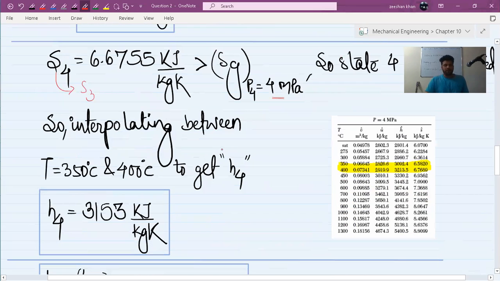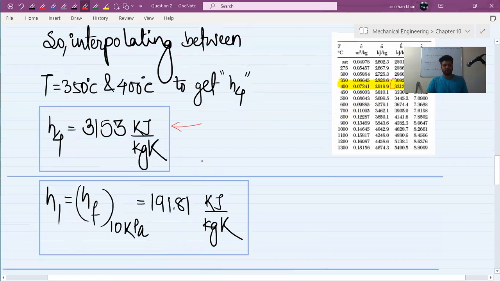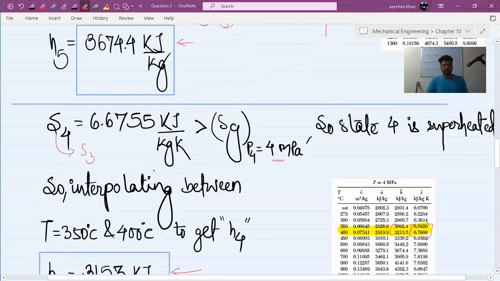Again, by interpolation, I get that H4 is going to be 3153. So it is somewhere in between these two quantities. You have to apply interpolation to get the value. So H4 comes out to be 3153. H1 is simple.